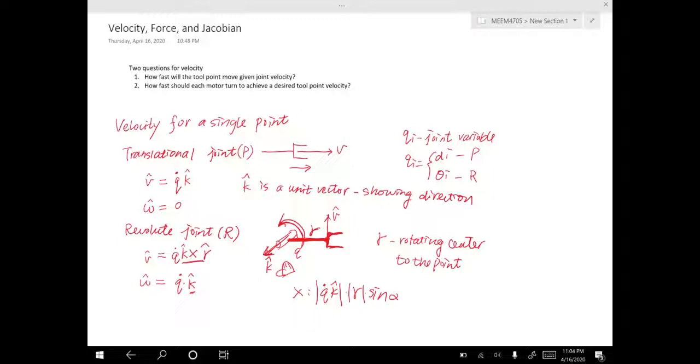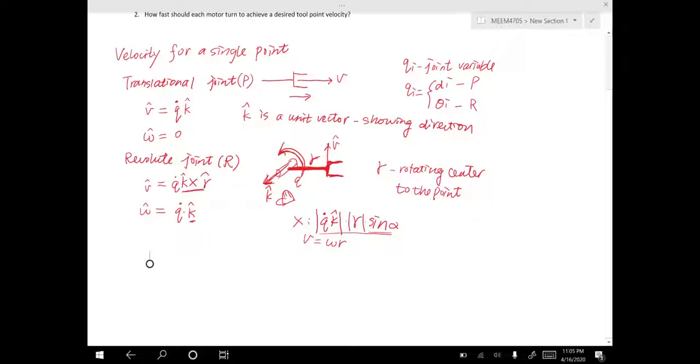If k and r are perpendicular to each other, then sine theta is 1, so it directly equals omega times r. That's why in most calculations we have the linear velocity equals the angular velocity times r.